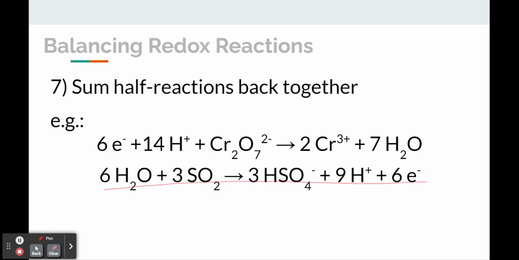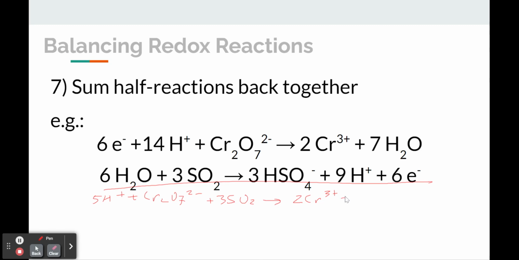So I'm just going to rewrite this in a cleaned up fashion. That 10H+ ended up being 5H+. And then we had Cr2O7 2-. And then we had 6 waters, but they canceled out. 3 SO2. And then on the right-hand side, we had 2 chromium 3+ ions.